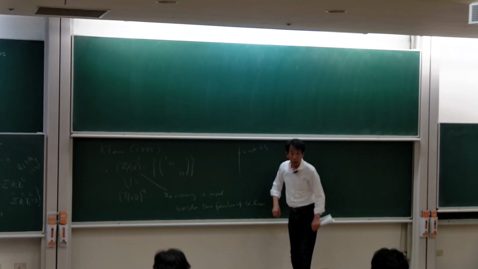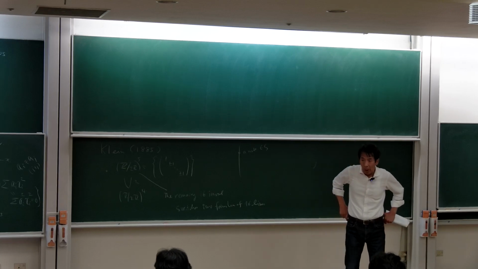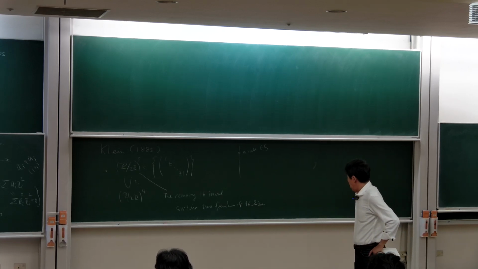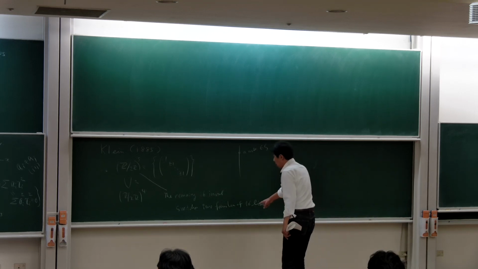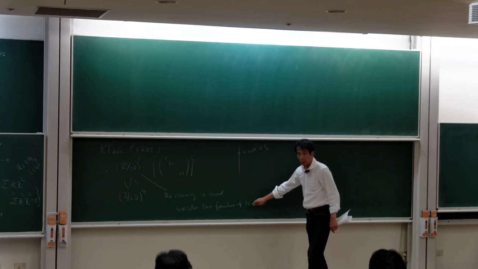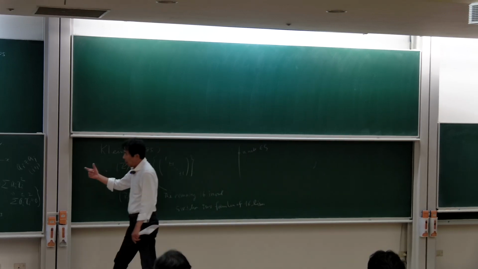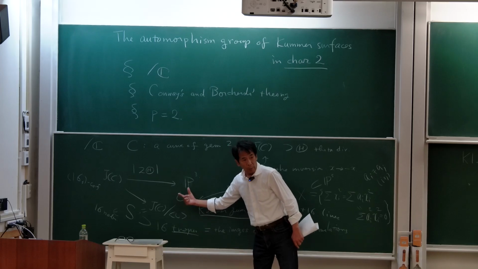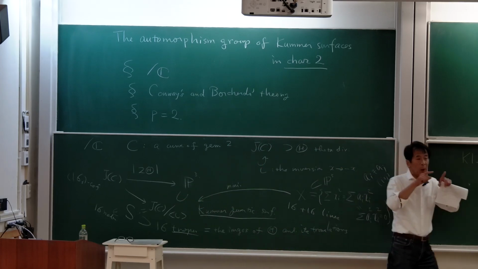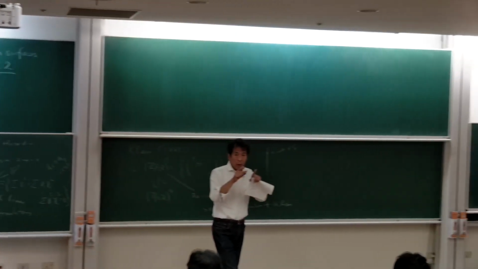So the two families of 16 lines are totally exchanged. Yes, complete. This is non-symplectic, and also related to dual. We have a dual Kummer. That is projectively isomorphic to the original Kummer.